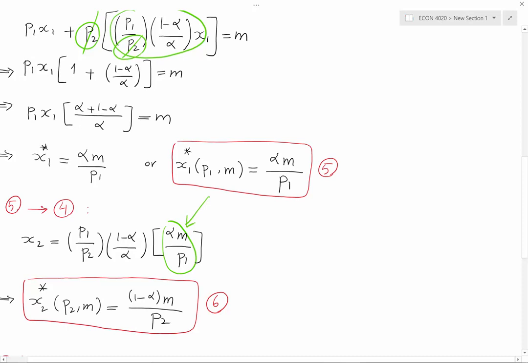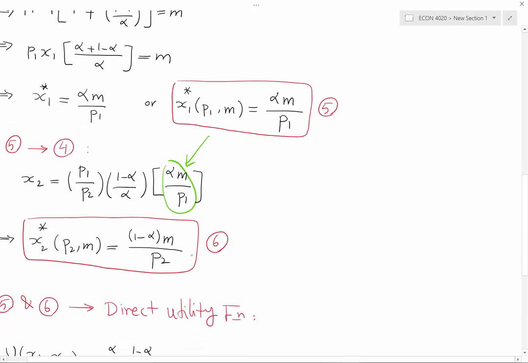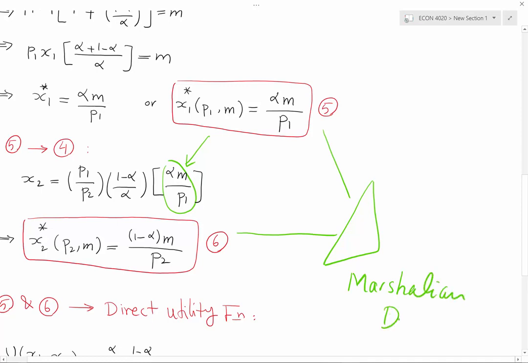And then we get equation number 6, which is the optimal value for x2. These two, number 5 and number 6, are called the Marshallian demand for good 1 and good 2.